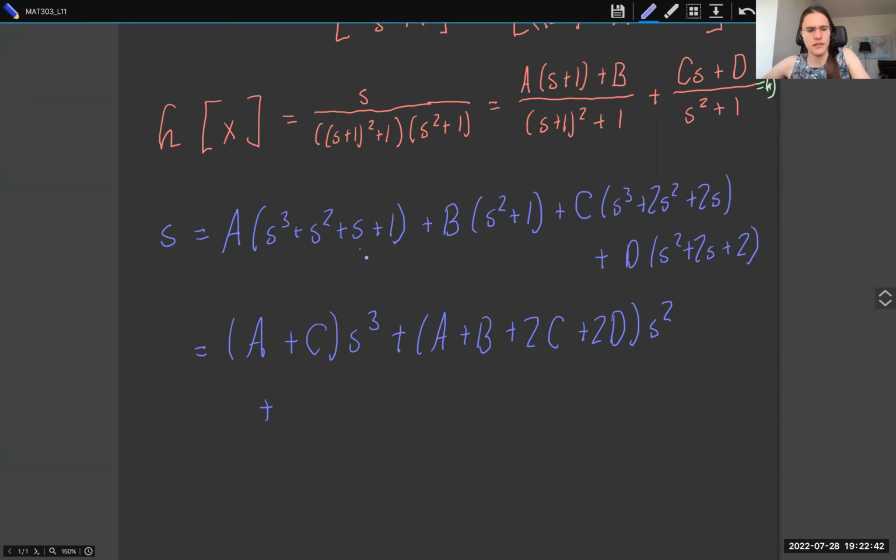Then we're going to get A plus 2C plus 2D. Wait, why did D contribute S? D is S squared, so it's actually D S squared. No, it's 2.